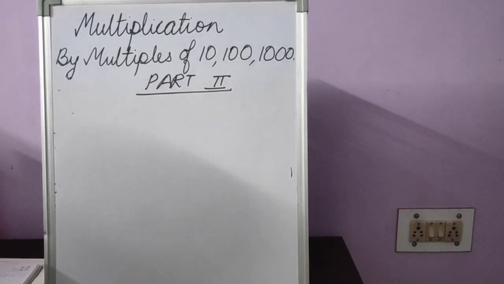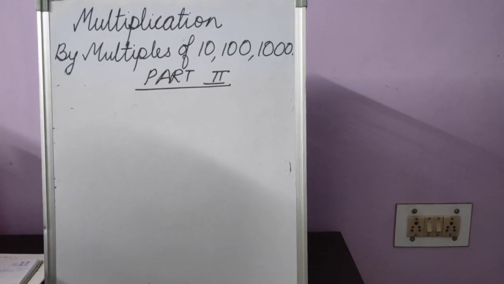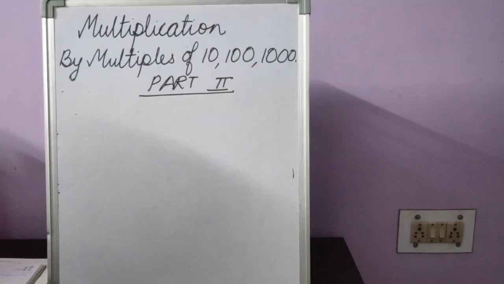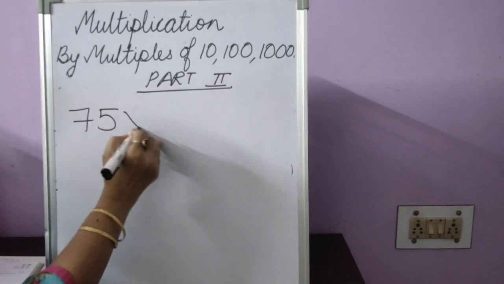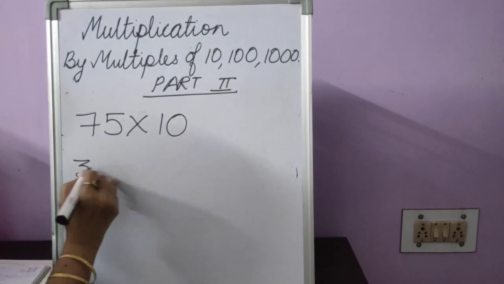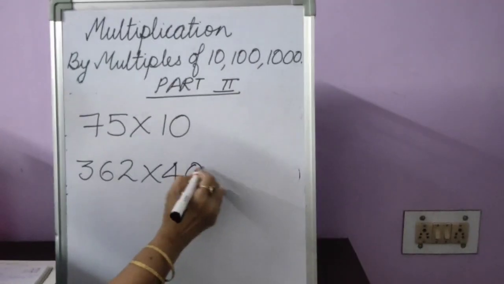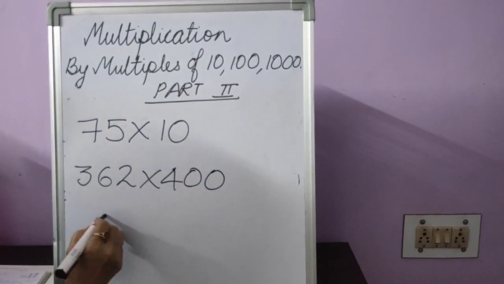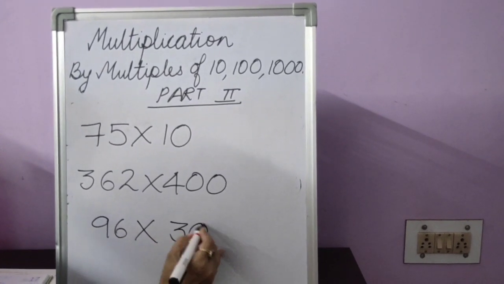Part 2 this is. Now, what is the difference between part 1 and part 2? Just a brief revision of part 1, in which when we multiplied, it was just 75 multiplied by 10, or 362 multiplied by 400, or 96 multiplied by 3000.